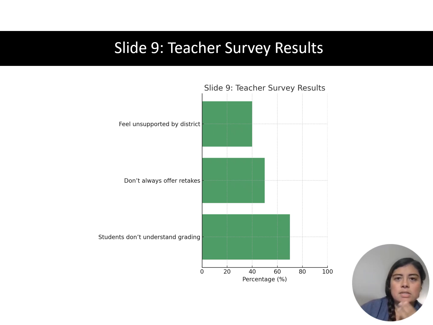So the inconsistency with all of that reinforces student confusion, and it may reduce the trust in the process. When students can see that teachers dislike or discourage retakes, that will discourage their trust in the process, and discourage them even from requesting a retake.